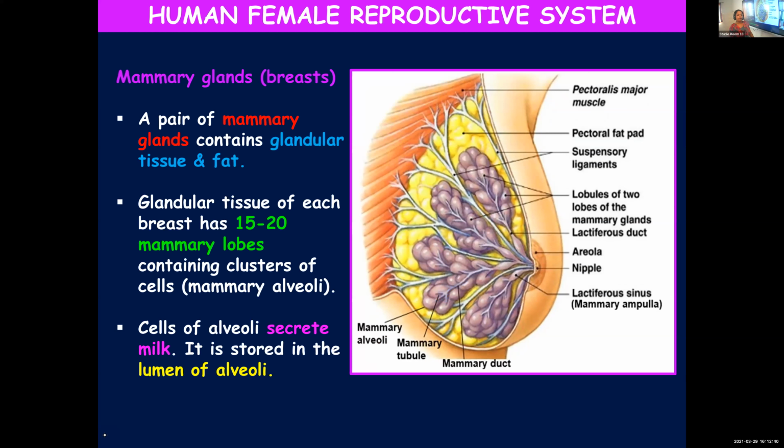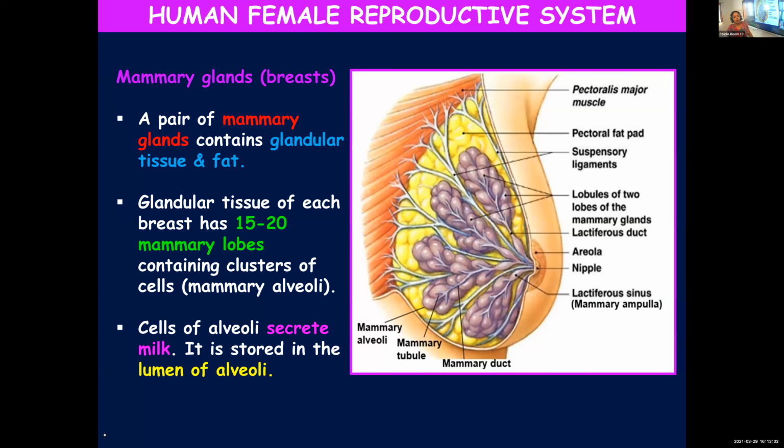A pair of mammary glands. Just like in any other mammals, human females are also provided with a pair of mammary glands, which are made up of glandular tissue and fat. And the glandular tissue of each mammary gland consists of 15 to 20 mammary lobes.